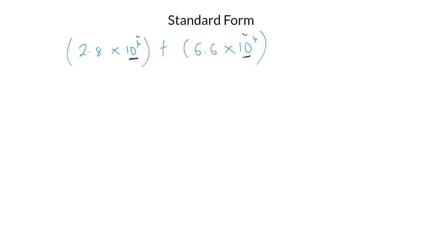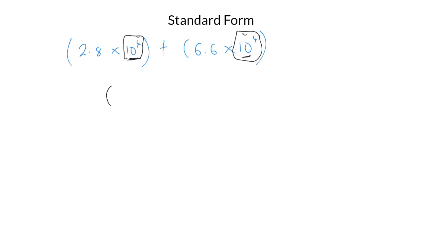Another way to look at this is, if the powers are the same, 10 to the power 4 is what is here, and 10 to the power 4 is what is here, I can factor it out.